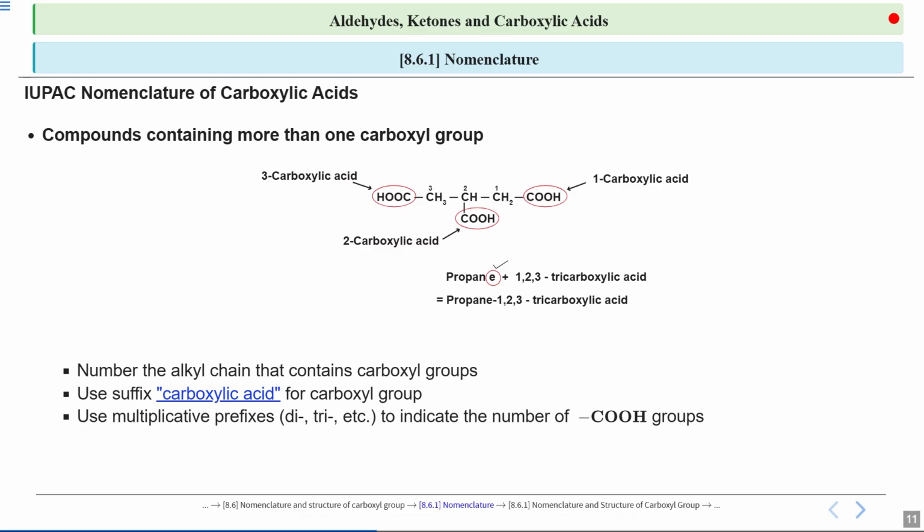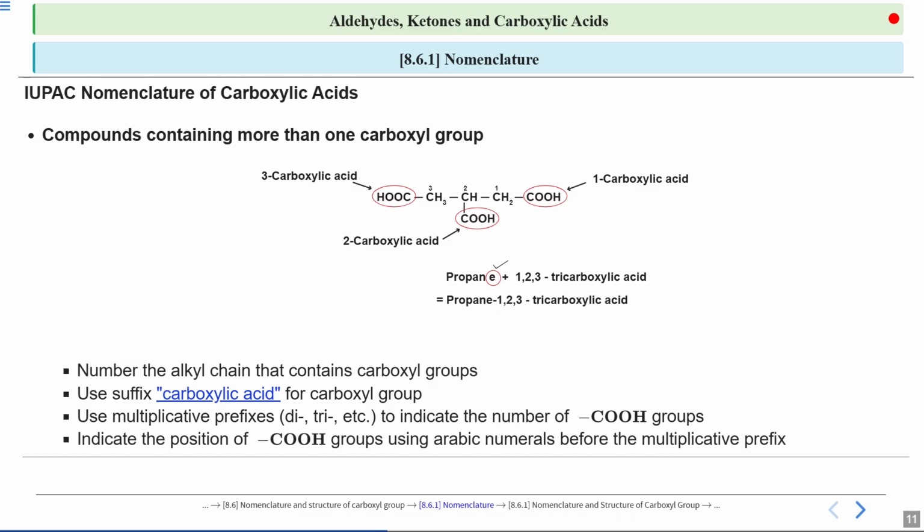In our compound, we have 3 carboxylic groups, so we will write tri. Then you will indicate the position of the COOH group using Arabic numerals before the multiplicative prefix. So first you have to write the Arabic numerals to indicate the position of your carboxyl group.